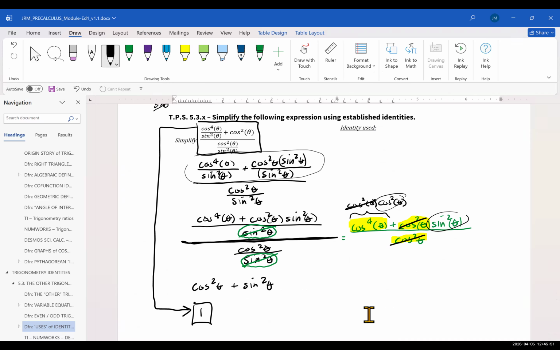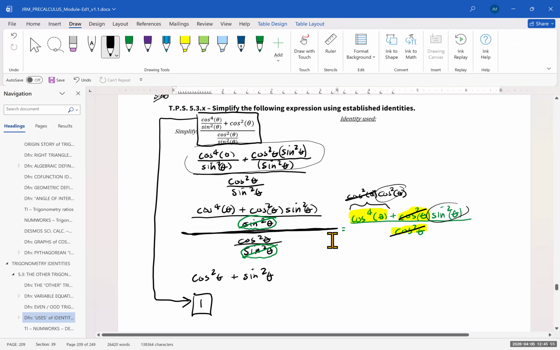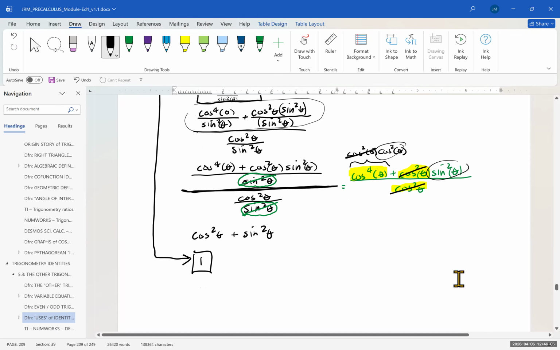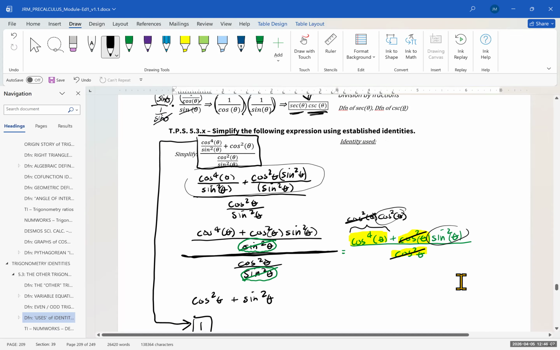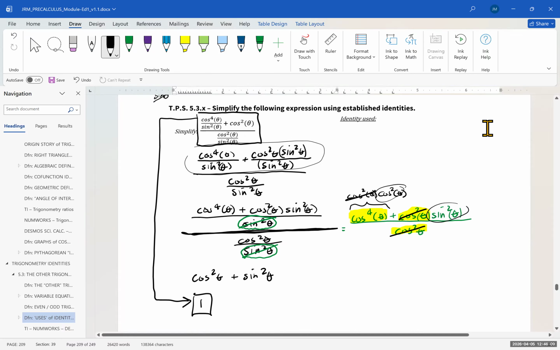Come back, try a different one, plug it in, doesn't work, until finally you find the right key that unlocks the simplification, and then suddenly it just goes from this down to that, and you've got it. So take some time to learn and to figure out. Okay, let me know if you have any questions.